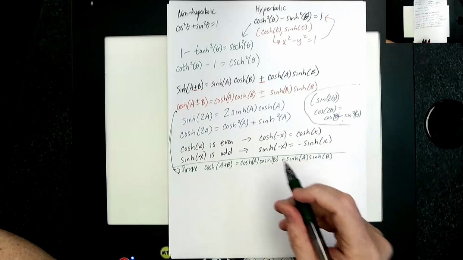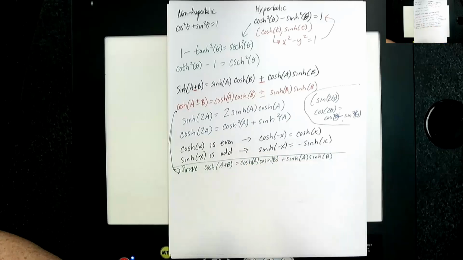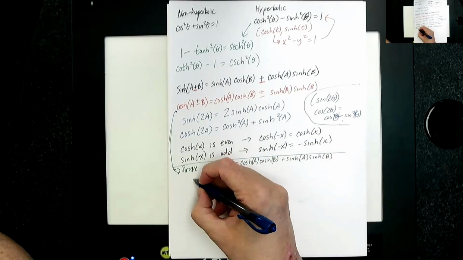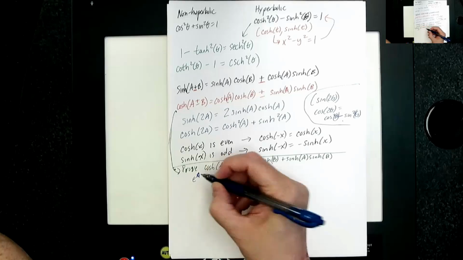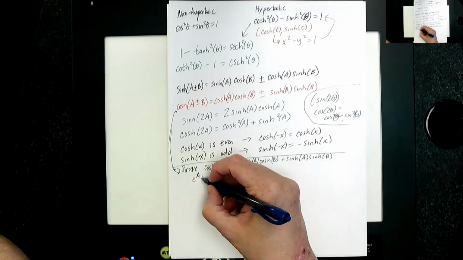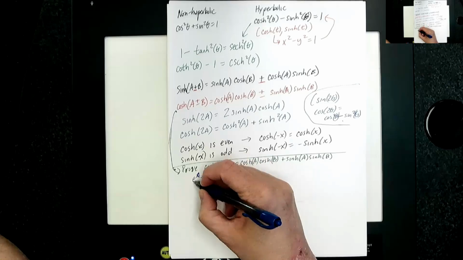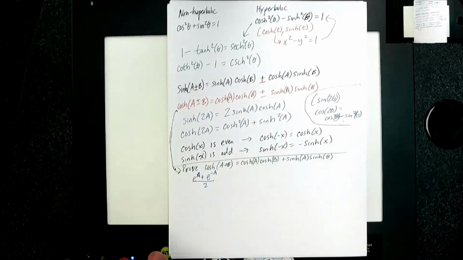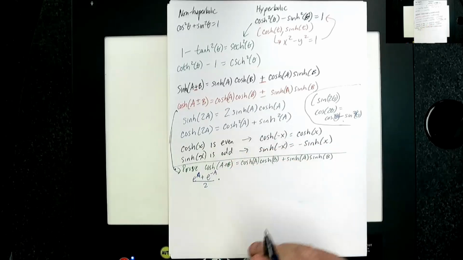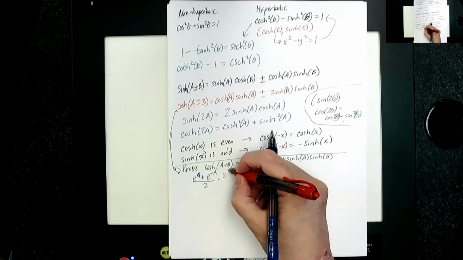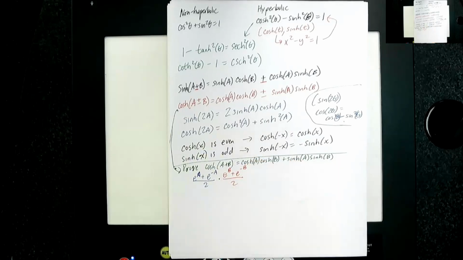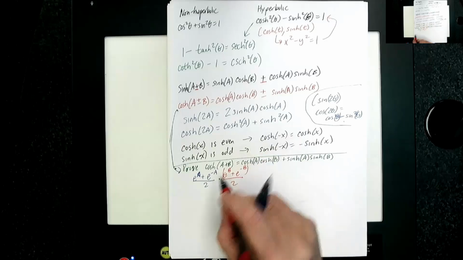So cosh A, I'll do my A's in blue and my B's in red, is e to the A plus e to the negative A over 2. And then cosh B is e to the B plus e to the negative B over 2. And maybe I should put these in parentheses.